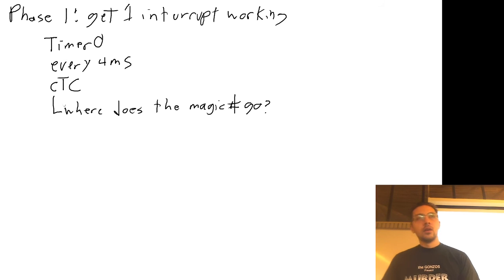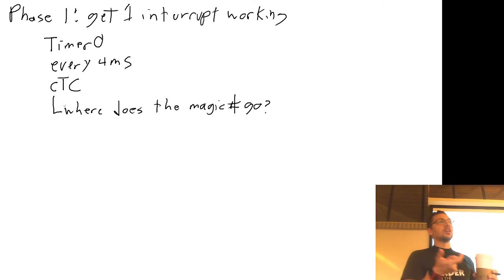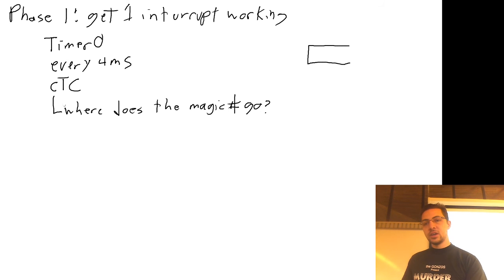Okay, so we're going to calculate some number of ticks, and it has to go somewhere. CTC mode says where that goes. What register does the magic number we want to count to go to? In normal mode, we put like -30 into the free running counter register. What's the other register that we deal with? Remember this figure here?